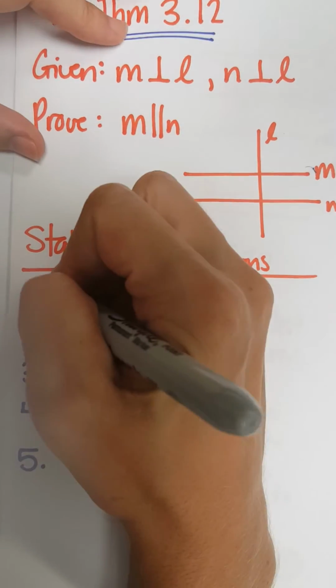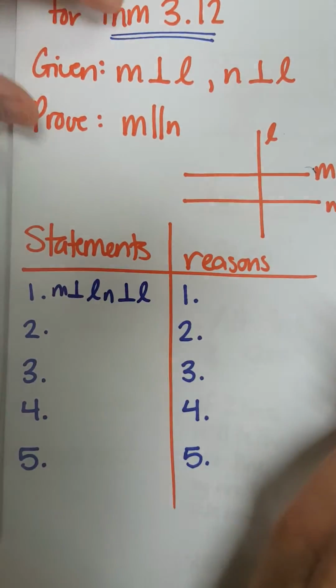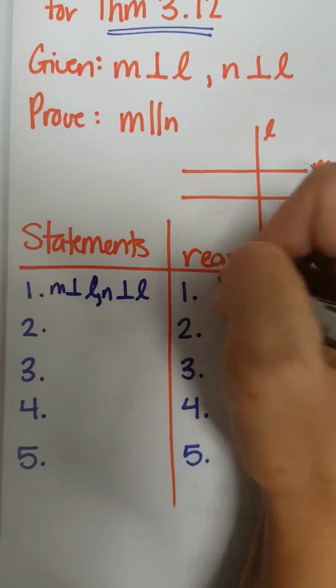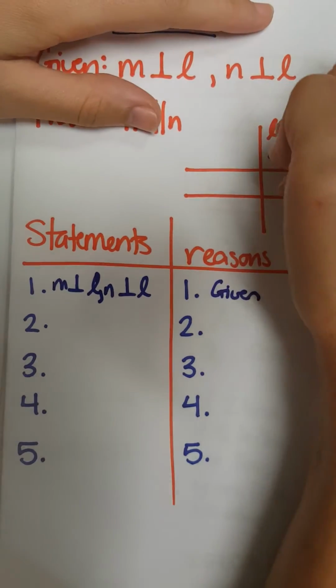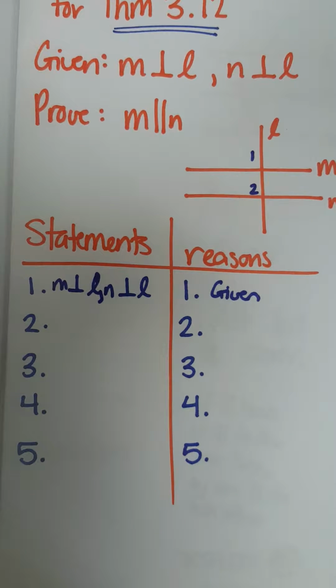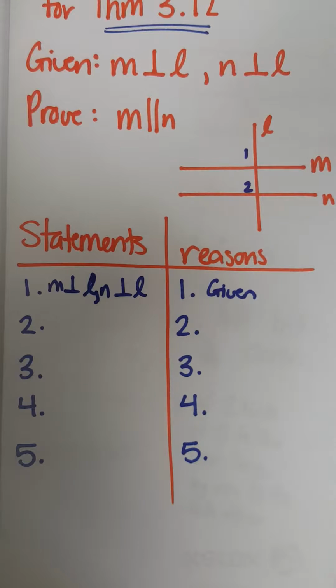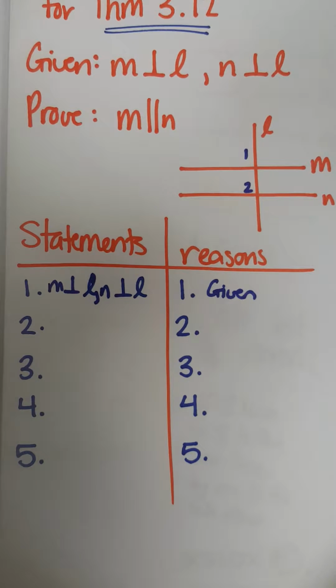First thing, obviously, M is perpendicular to L and N is perpendicular to L. Okay, given. Now I'm just going to start working through things here. I'm just going to name two angles. Let's use those two. It actually doesn't matter which ones we use. What do I know about these two angles?